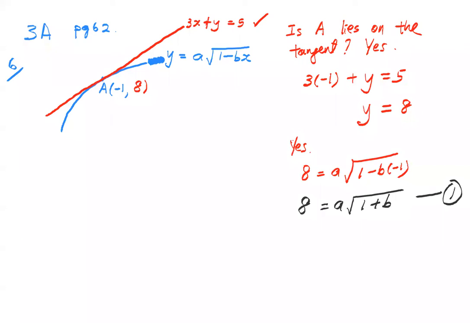You have to ask yourself, do you know the gradient of the curve at point A? Whenever you want to solve a problem, you have to ask yourself questions like that. Okay, how to know?